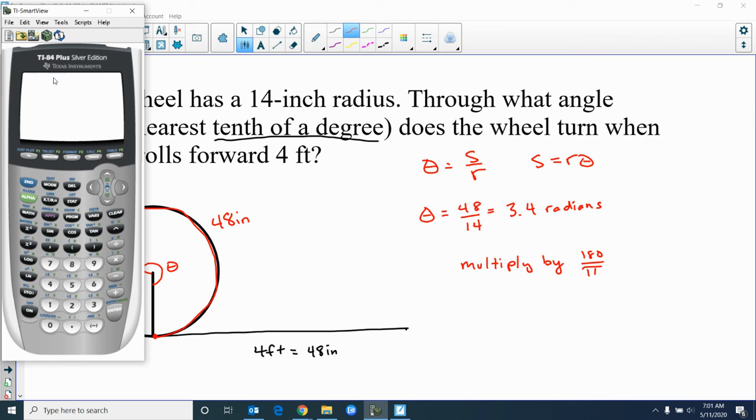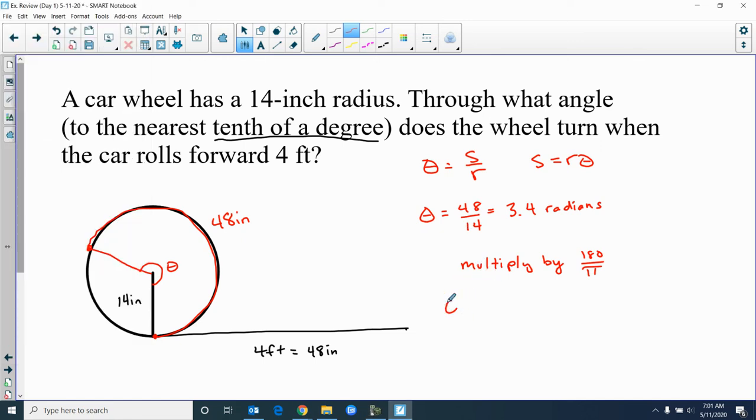I'm just going to take 48 divided by 14 times 180 divided by pi. And I get 196.4 degrees.